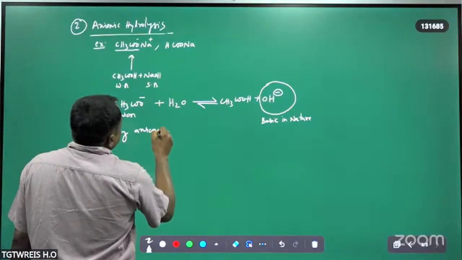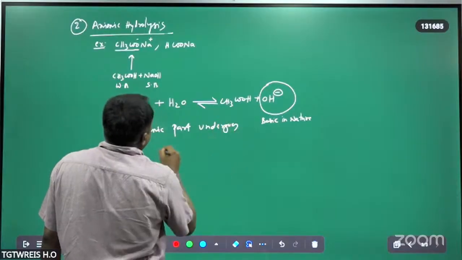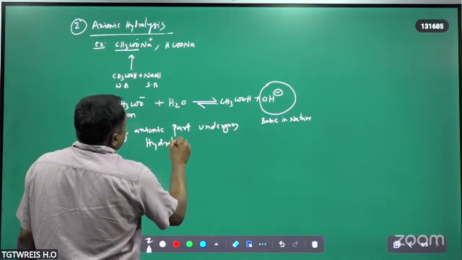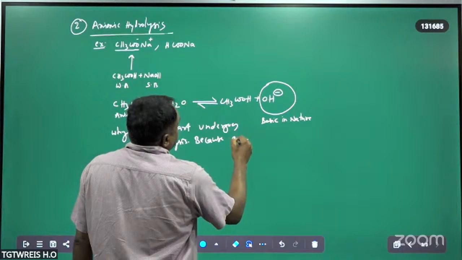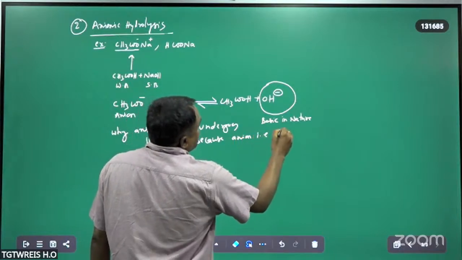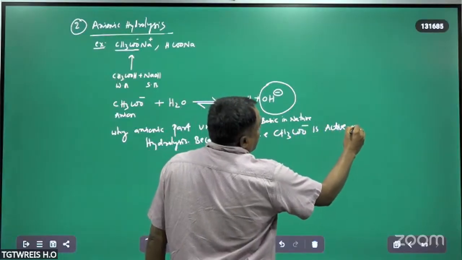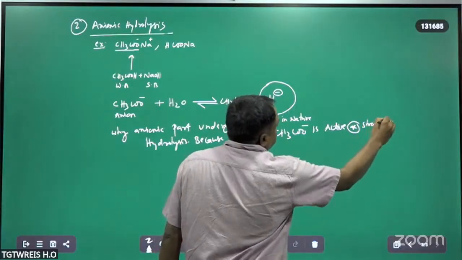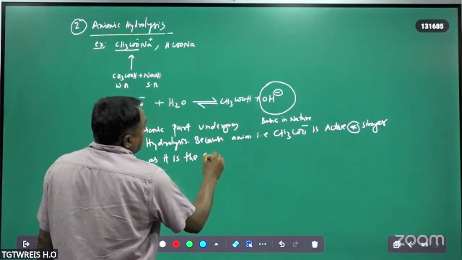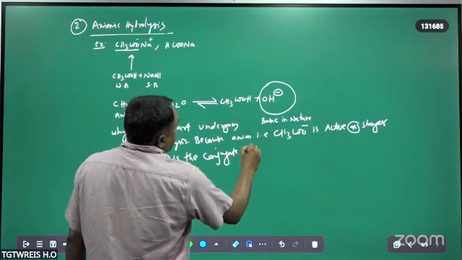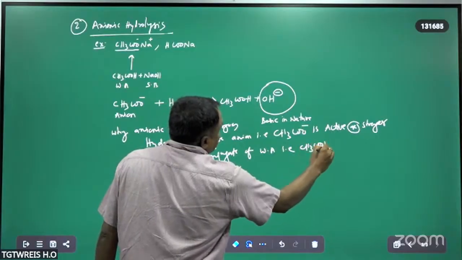So why does the anionic part undergo hydrolysis? Because the anion, that is CH3COO-, is active in this case, active or stronger, as it is the conjugate of weak acid, that is CH3COOH.